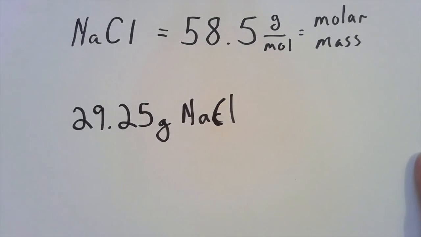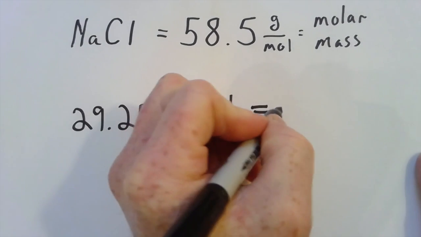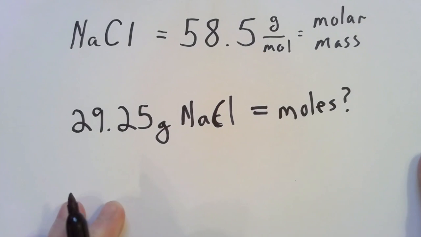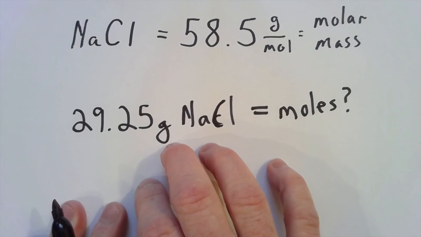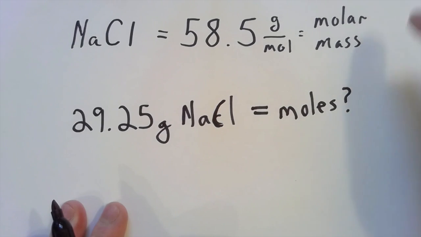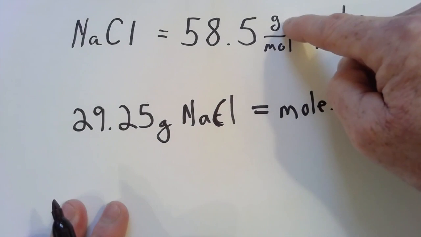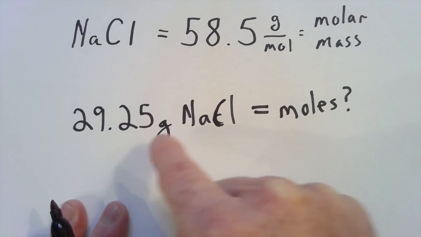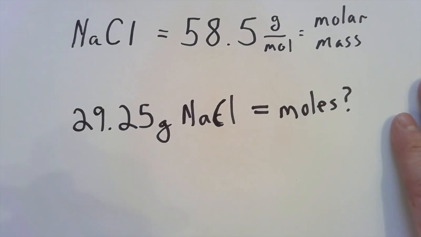So 29.25 grams of salt is what we have, and we want to know how many moles that is. Now, the great thing about this is that we have the molar mass. The reason why this is so important is because the molar mass is units. Check it out. They have both grams and moles in them. And I want to get from grams to moles.